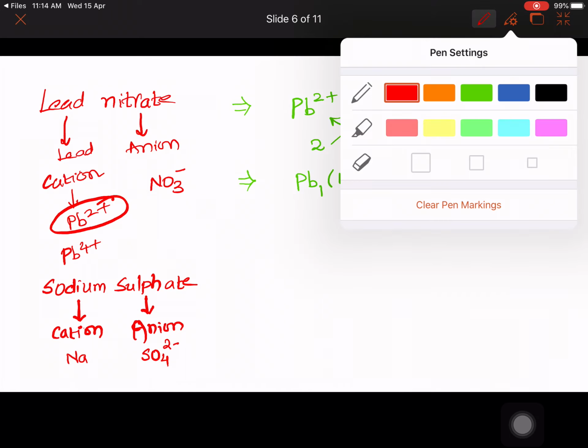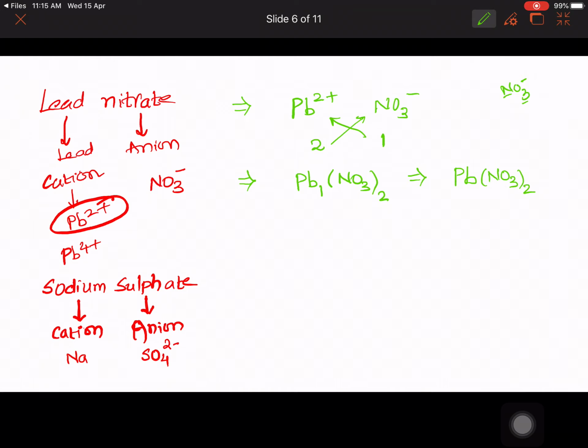Whenever sodium is combining with any element in the periodic table, it is going to exist as Na plus. So sodium plus and sulfate, SO4 2 minus. What is the magnitude of the charge on sodium? 1. Write the charge without sign at the bottom of the sodium symbol.